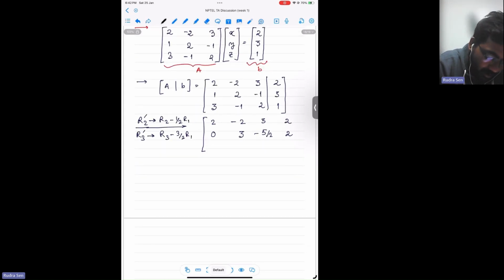And here, this is 0, this is 3 by 2. This is basically 3 minus 3, minus 1 plus 3, giving us 2. And this is 3 by 2 times 3, 9 by 2. So 2 minus 9 by 2, we get minus 5 by 2. And this is 3. 1 minus 3 is minus 2.